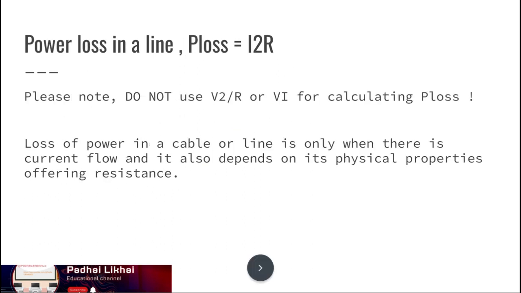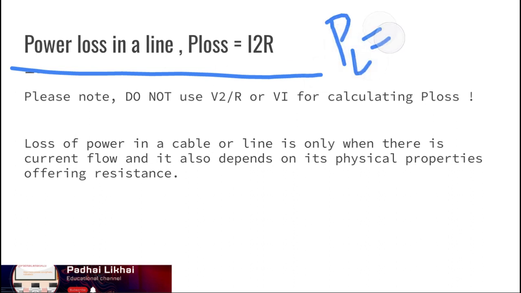Now, power loss in a transmission line is given by I2R. Here, it is very important to note that we should not use Ohm's law, I is equal to V by R, to interpret this power loss in a transmission line.